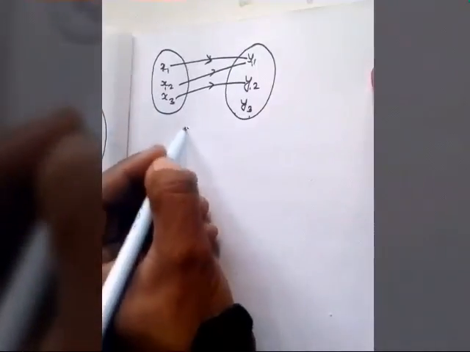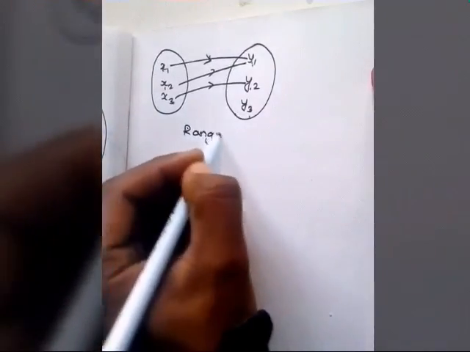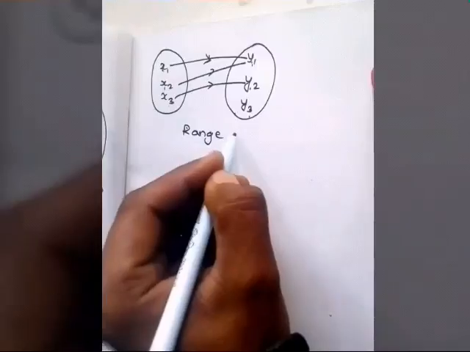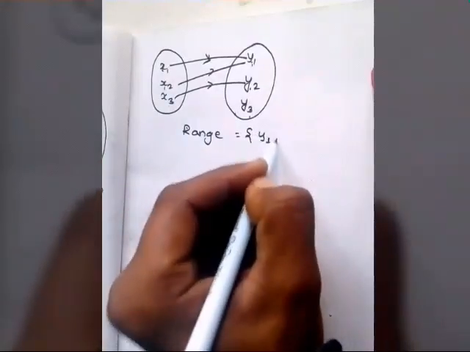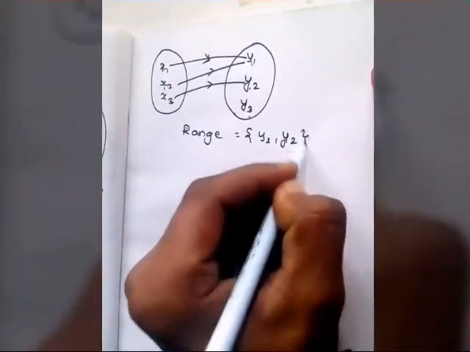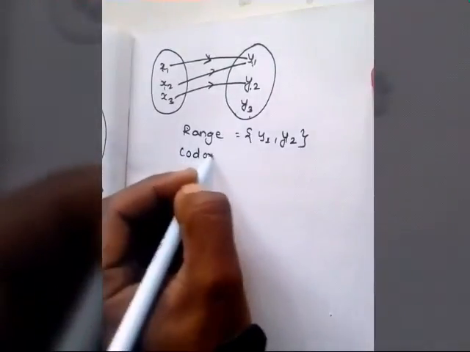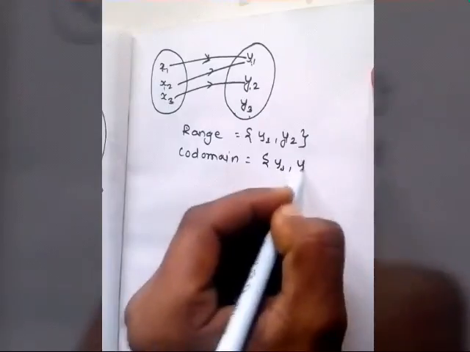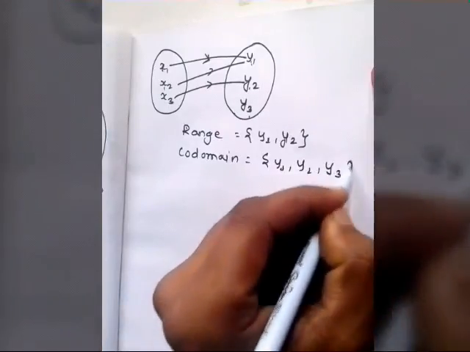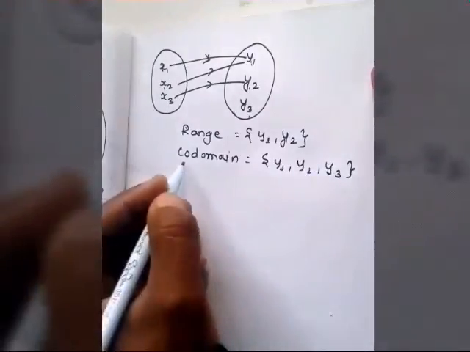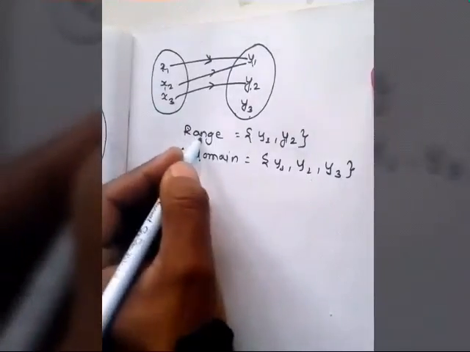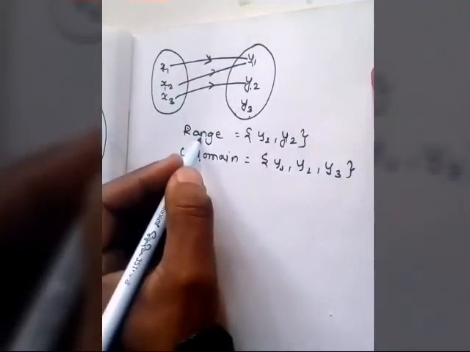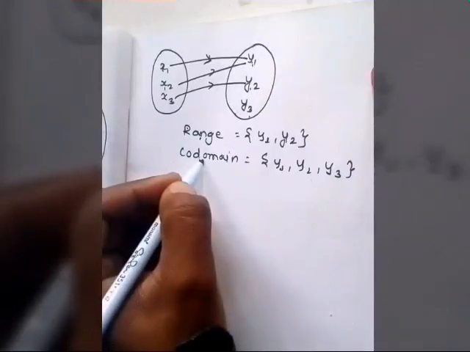Now if we talk about the range, the range is y1 and y2. But if we talk about the codomain, the codomain will be y1, y2 and y3. From here we can see that the codomain is a superset of the range, whereas the range is a subset of the codomain.